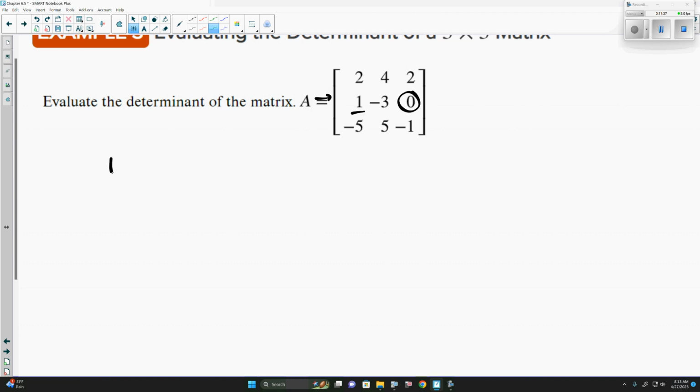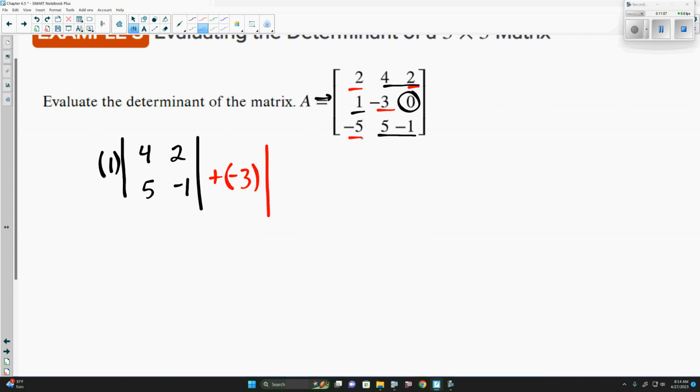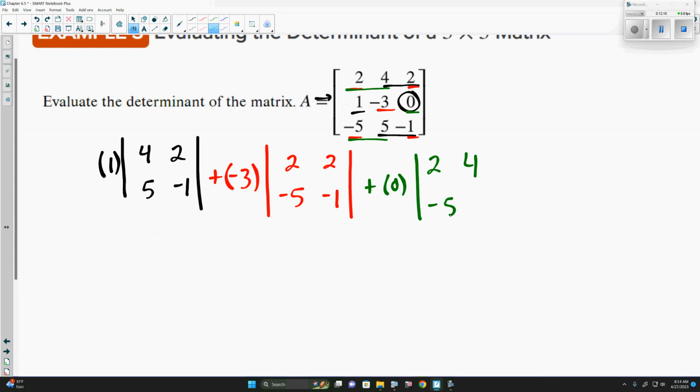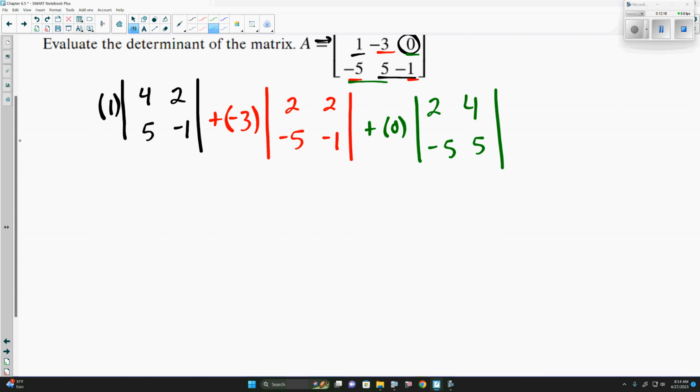So I could have picked 1 times the determinant of our other two here, so it'd be 4, 2, 5, negative 1. Then we would have had plus negative 3 times the determinant of our corners, 2, 2, negative 5, negative 1. And lastly, plus 0 times the determinant of 2, 4, negative 5, 5. So essentially it's the exact same thing, but instead of picking a column, I picked a row.